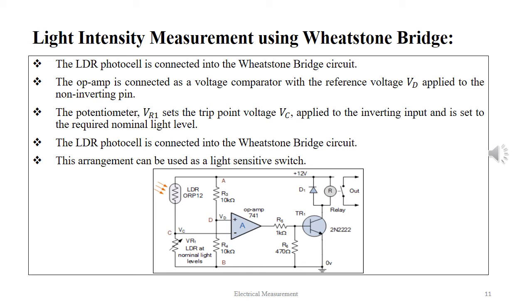The op-amp is connected as a voltage comparator with the reference voltage Vd applied to the non-inverting pin. The potentiometer VR1 sets the trip point voltage Vc applied to the inverting input and is set to the required nominal light level. This arrangement can be used as a light sensitive switch as well.